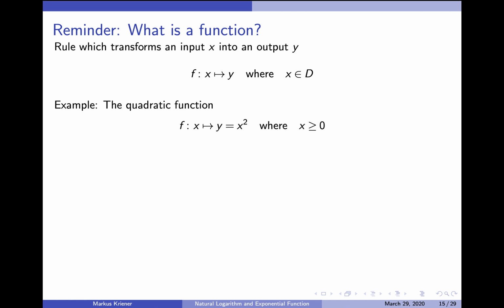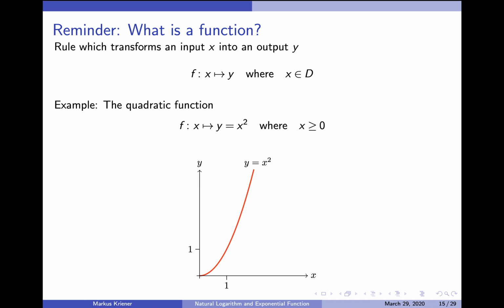An example would be the square function, which simply squares a number x. You will see in a minute why I want the domain to be only the non-negative numbers. If we plot all the points, we get the graph of f here. This is half of a parabola.